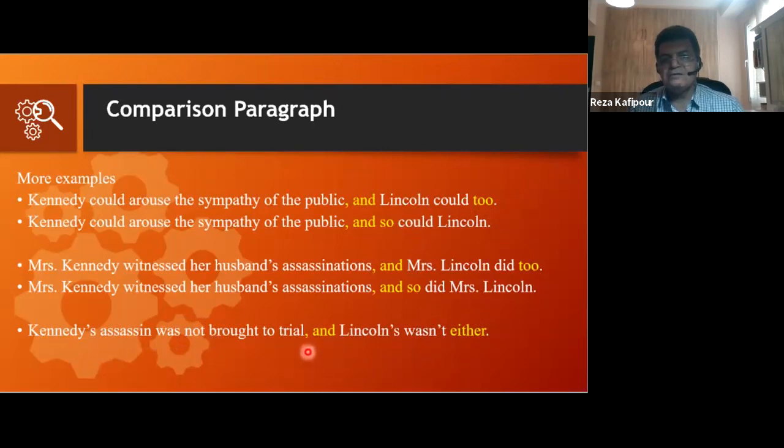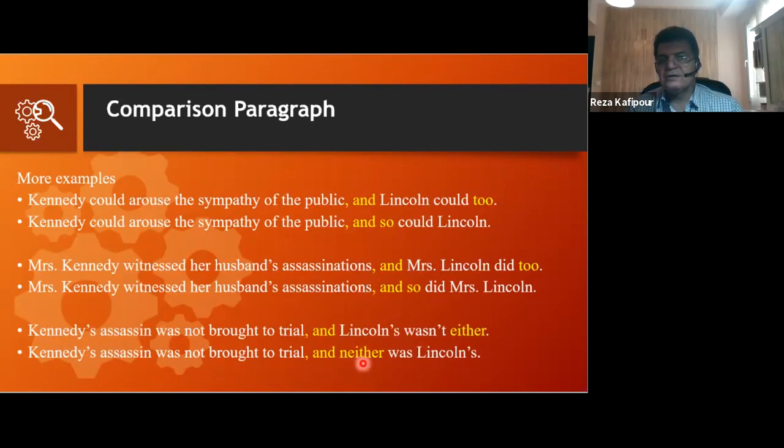So let's say the same sentence by using and neither. Here we say Kennedy's assassin was not brought to trial and neither was Lincoln's. So and neither is a structure similar to and so, but it is used in negative statements or negative sentences.